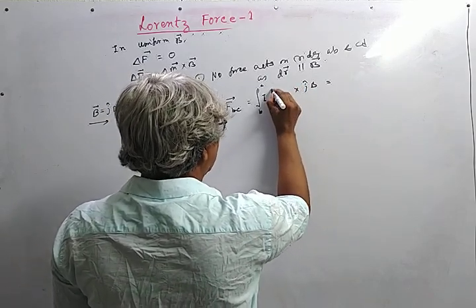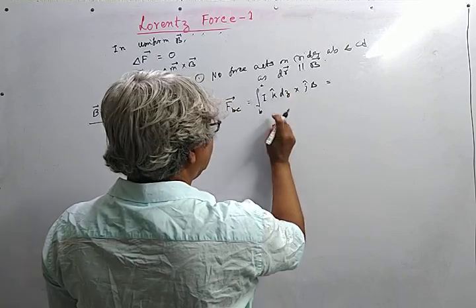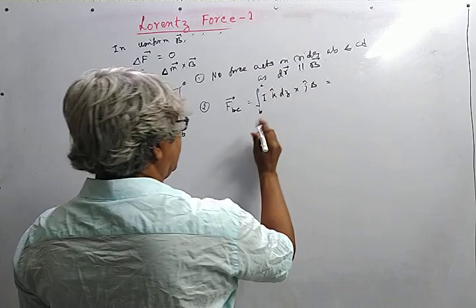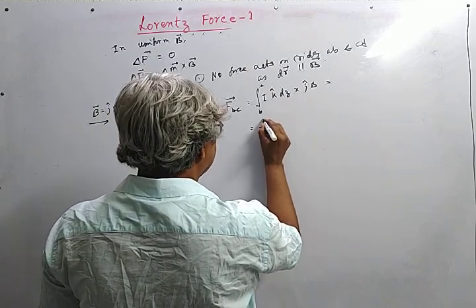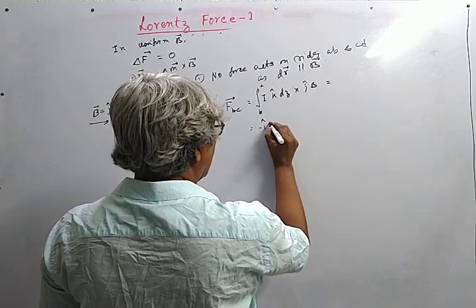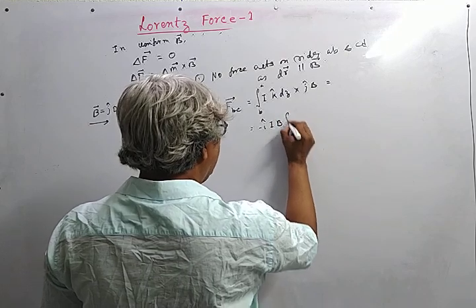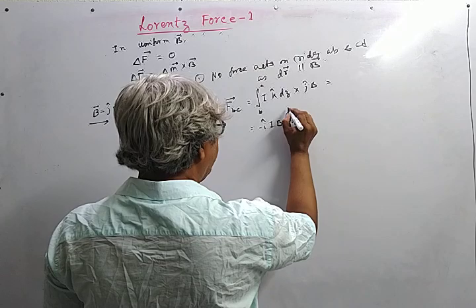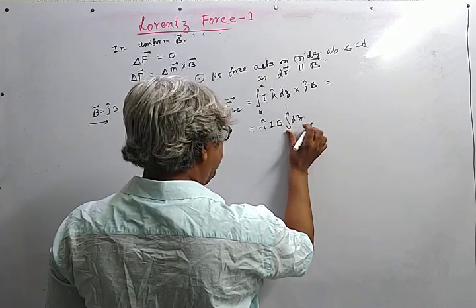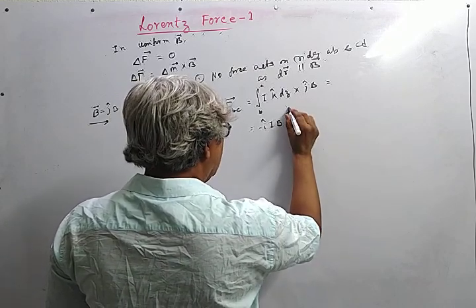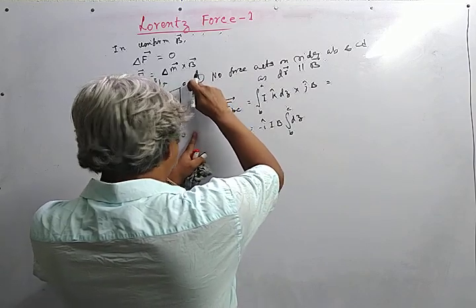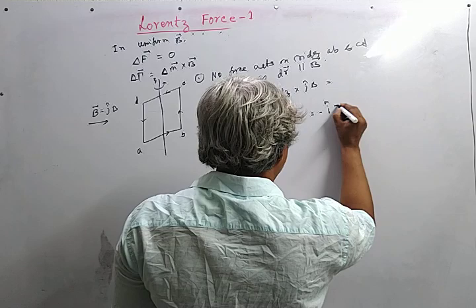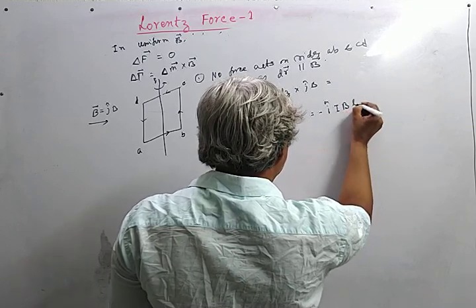This is k cap dz, so this is minus i cap I B dz integrated from B to C. If this side is of length L, then this is minus i cap I B L.